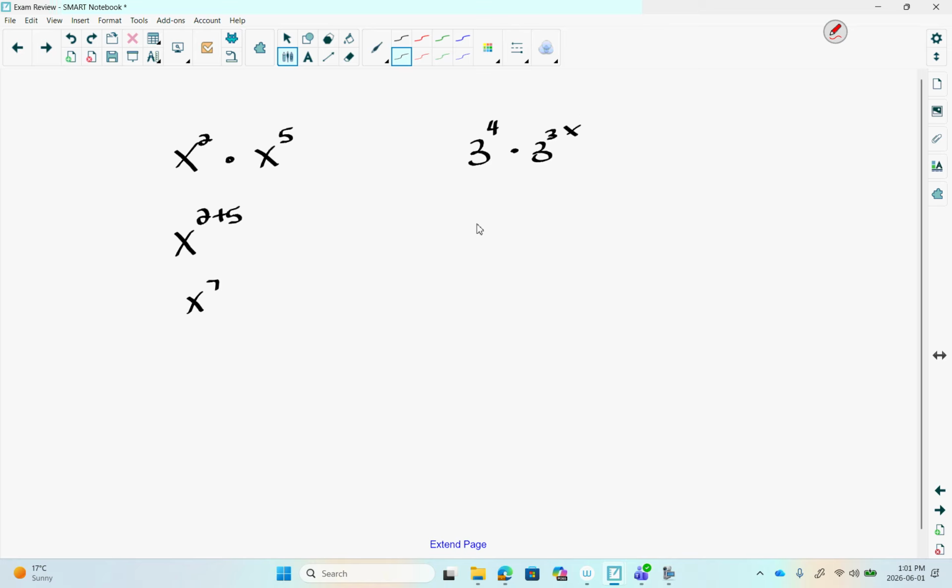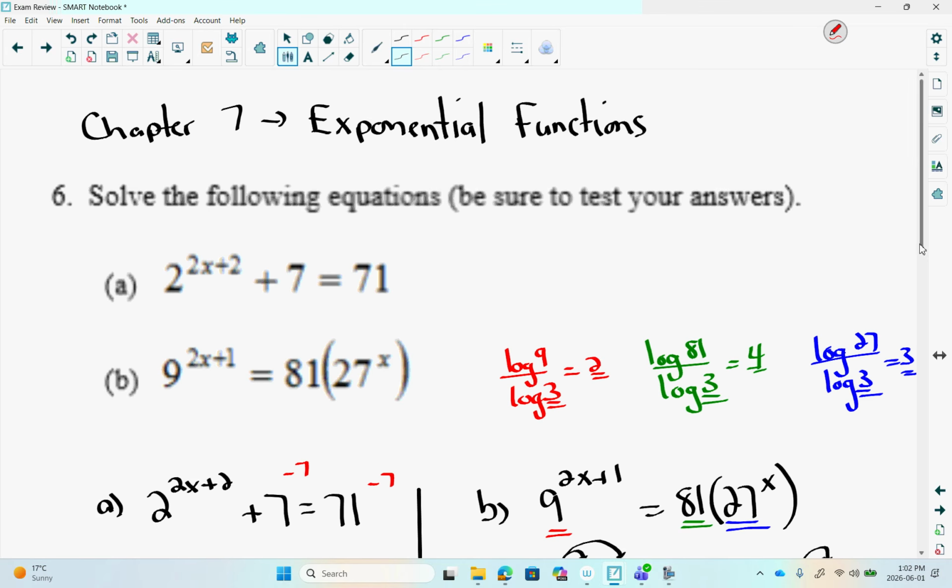I'll write the base down, 3, and I'll add those exponents, 4 plus 3x. It doesn't give me 7x, okay? A lot of people would write it like this. But I can't add those exponents any further because they're not like terms. I'm left with 3 to the power of 3x plus 4.